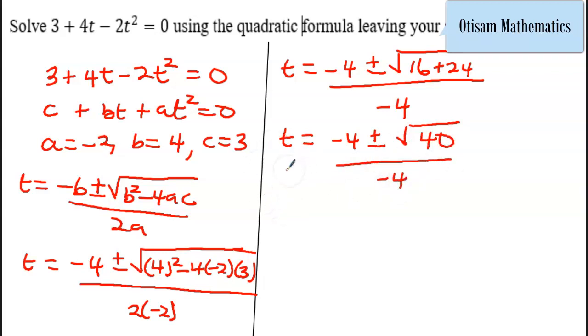Now since we were told that we should leave our answer in surd form, t will be equal to minus 4 plus or minus, root 40 can be written as 2 root 10, over minus 4.